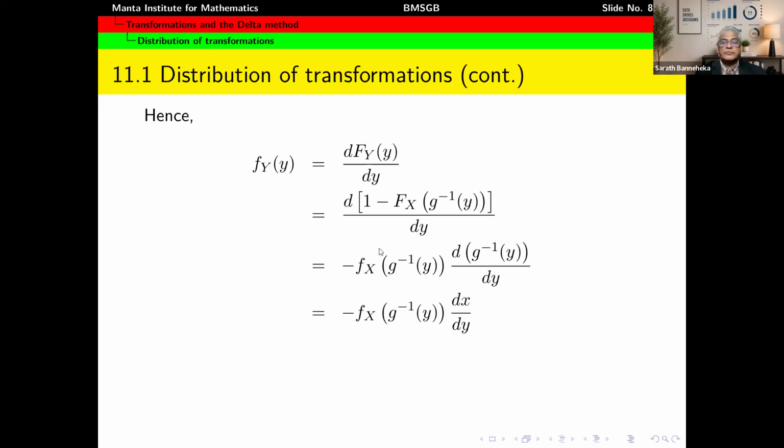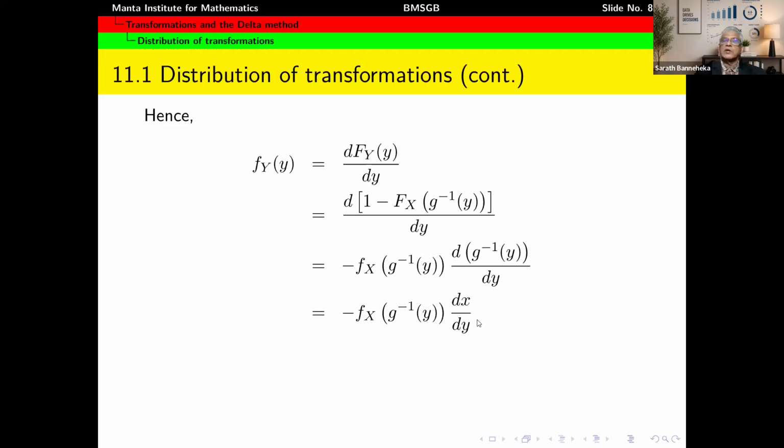Right. So if you combine both cases, now in this case, notice that this quantity is negative. dx over dy is negative, as I pointed out earlier. If g was monotonically increasing, in that case, this is positive. So therefore, in that case, you can write down dx over dy absolute value. Or otherwise, if g of x is monotonically decreasing, negative dx over dy can be written as the absolute value of dx over dy.